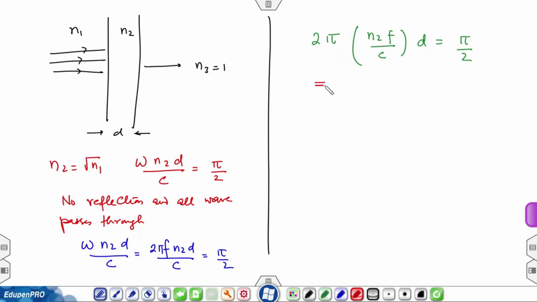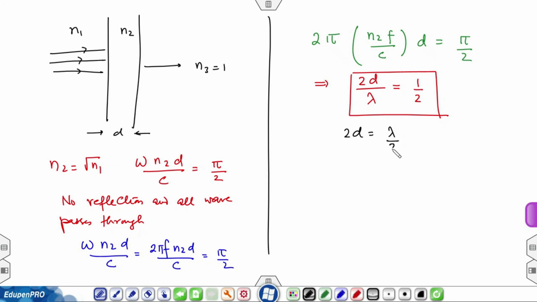This implies 2d over lambda is equal to 1/2. So, 2d is equal to lambda by 2. So, by the time this wave comes back, it has traveled a distance of lambda by 2.